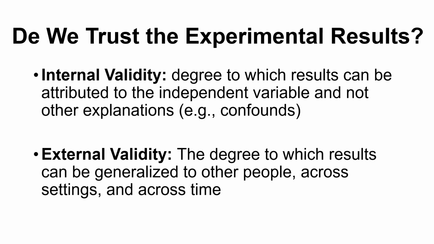We can also look at external validity, and external validity is looking outside of that experiment. External validity refers to the degree to which results can be generalized or applied to other people or across settings and across time. So if we conduct a study and we have a representative sample, then we might say that we have good external validity because our sample is representative of the population as a whole. We can call that a strong external validity to our experiment.